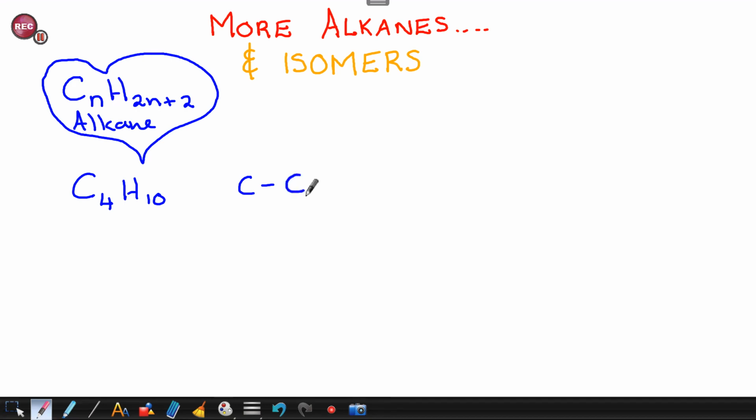The structural formula has 4 carbons in a row. Actually, we draw it as a straight chain, but I'll show you what it actually looks like. Can you remember from last year what the geometry is of a carbon-based molecule like methane? What is the shape of methane? Trigonal planar.